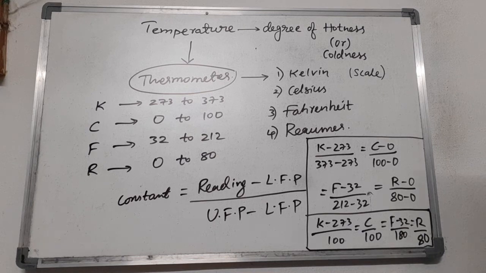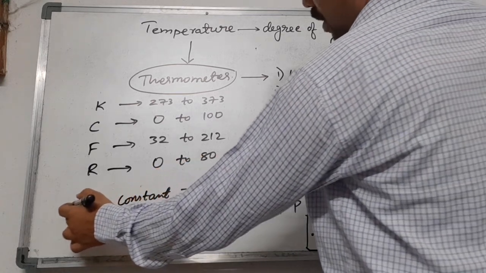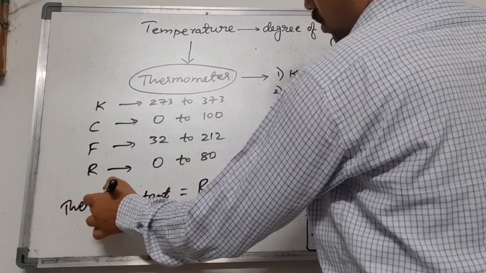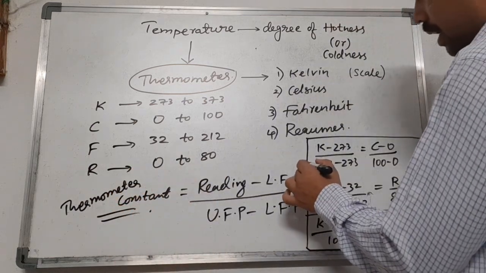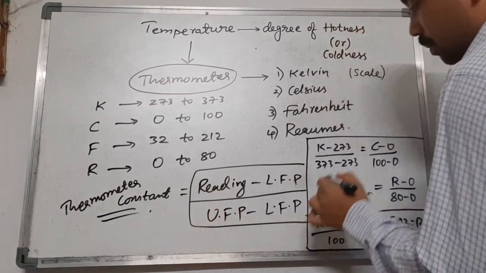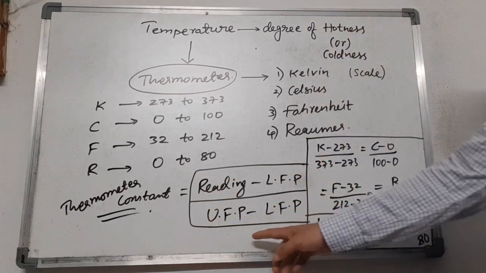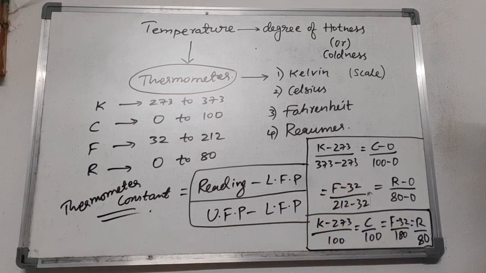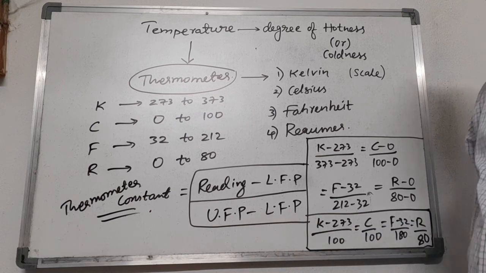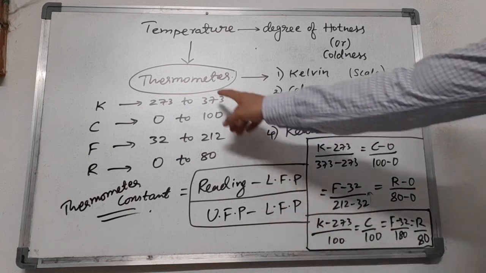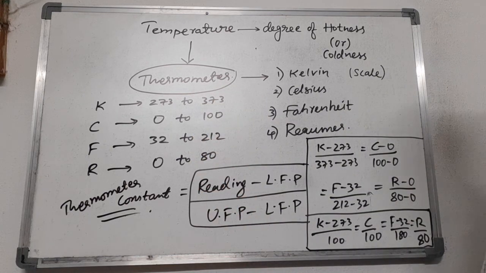We can call it the thermometer constant, and this thermometer constant is nothing but (reading minus lower fixed point) upon (upper fixed point minus lower fixed point). So from this we got the relationship between all the four scales. This is one.